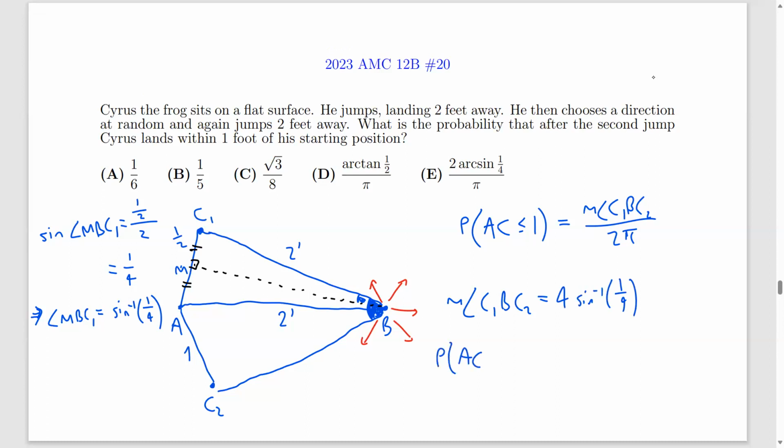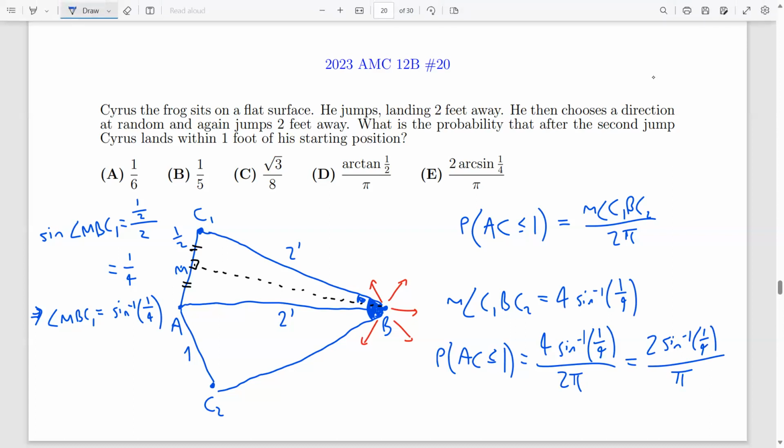And the desired probability is 4 times the inverse sine of 1/4 divided by 2 pi. And dividing top and bottom by 2, we get 2 sine inverse of 1/4 over pi. Therefore, the answer is E.